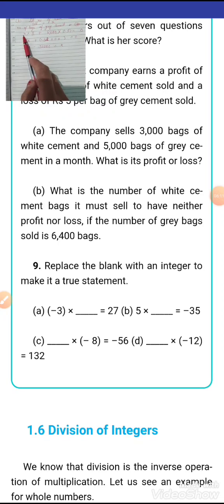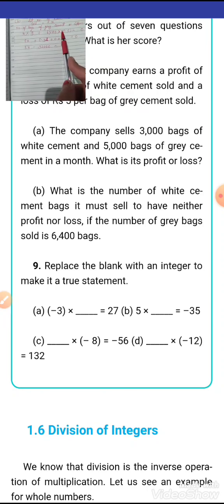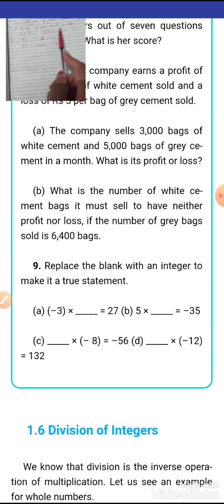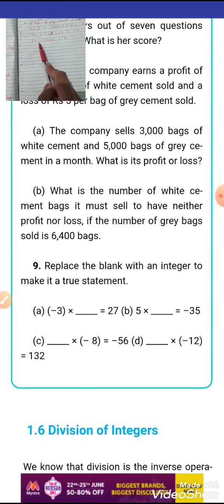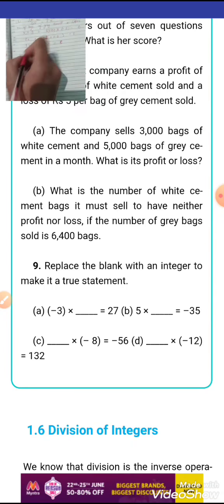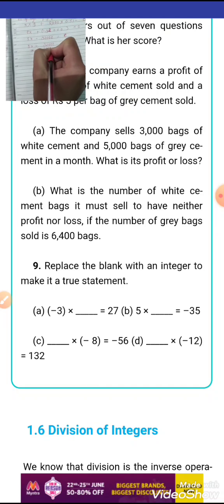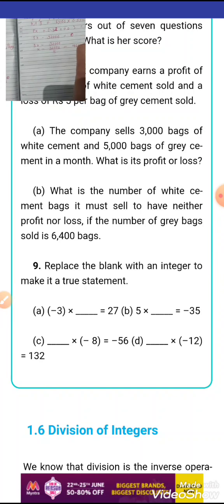To fulfill this condition, we write 8 multiplied by x plus 6400 multiplied by minus 5 is equal to 0. So 8x, and 6400 multiplied by 5 is minus 32,000, is equal to 0. Plus minus is minus. 8x minus 32,000 is equal to 0. 8x is equal to 32,000, x is equal to 32,000 divided by 8, and our answer is 4000 bags.